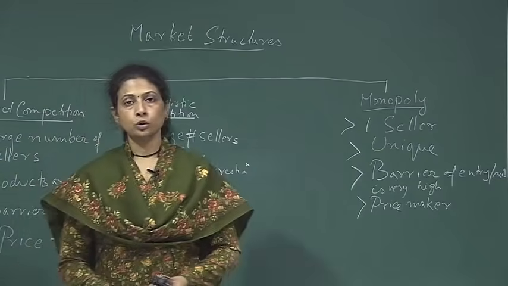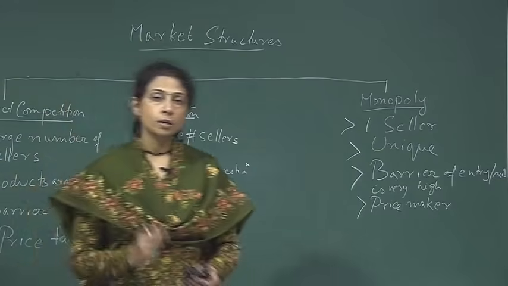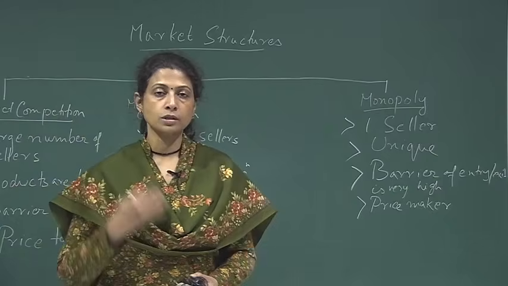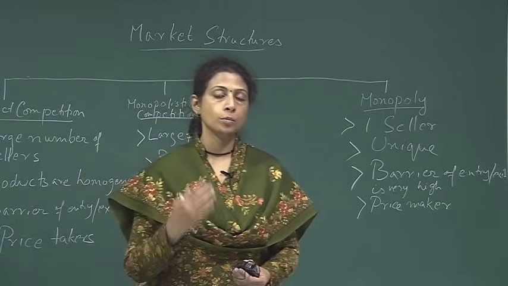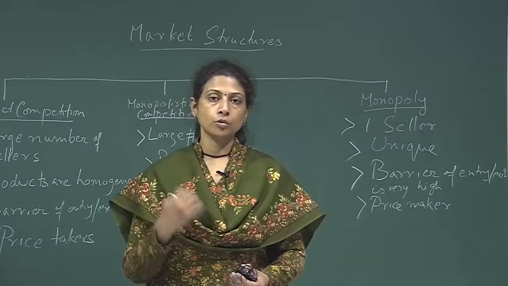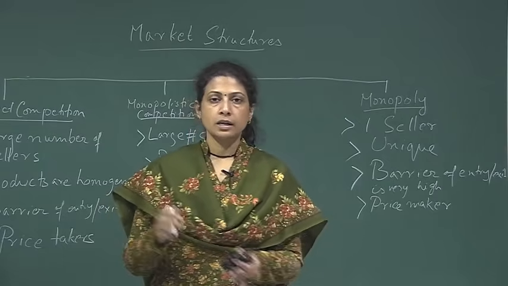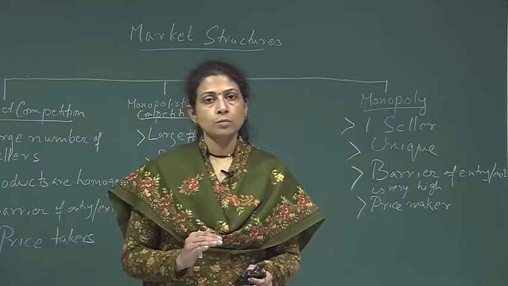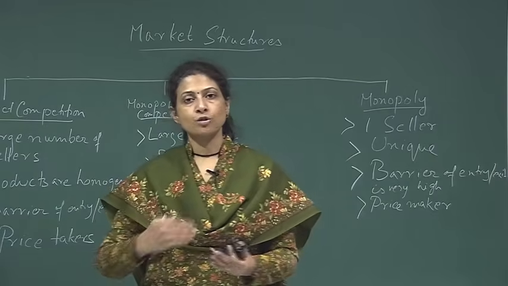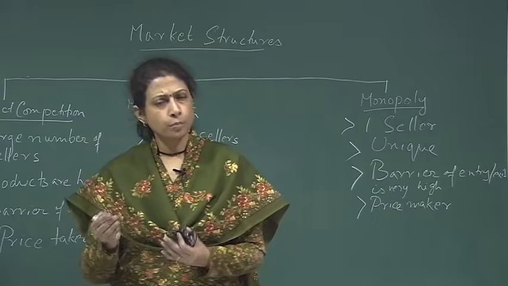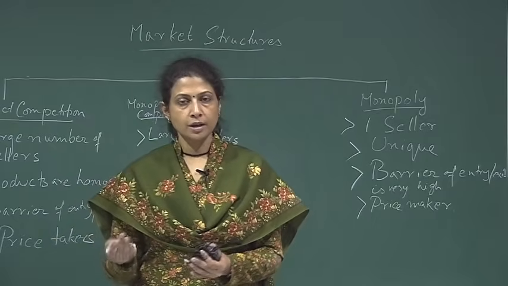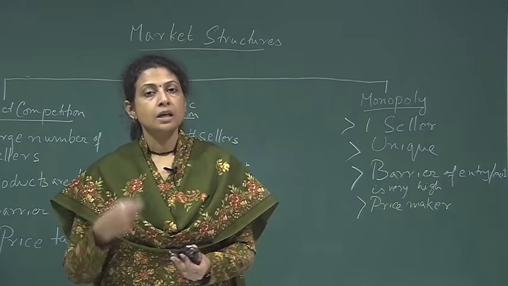In monopolistic competition, the firm has some control over setting the price of the product. Because the products are differentiated, the firm knows that there are some loyal customers who would probably not shift to other products if the price changes a little bit.